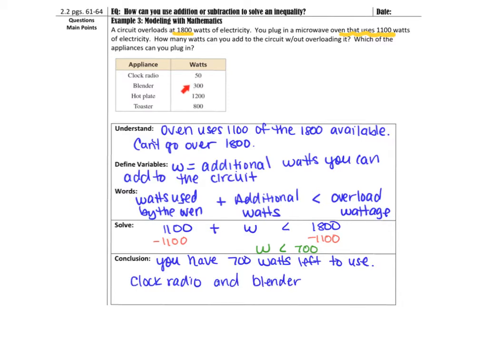If you add those together, that's 350, which is less than the 700. The hot plate is definitely over 700, and so is the toaster. So if you have the oven plugged in and on, the only things you can plug in are the clock radio and the blender, because you only have 700 watts left to use. These two things would be less than 700.